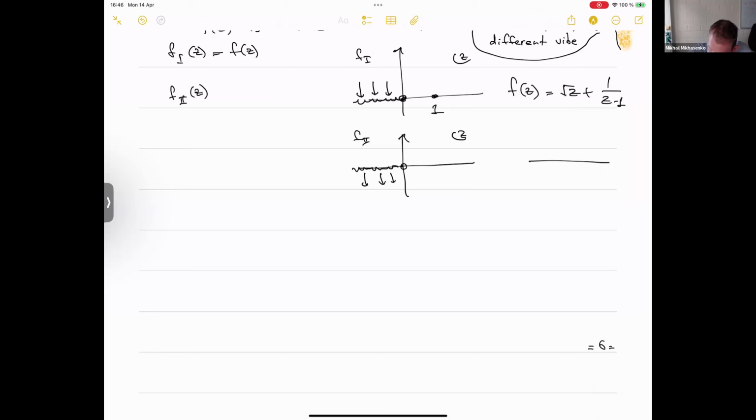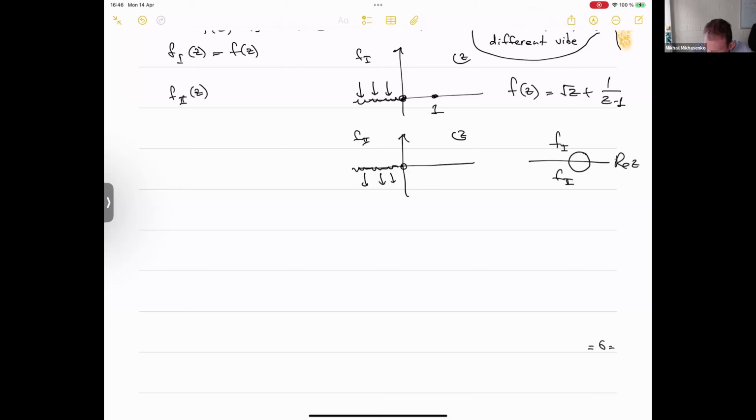Let's say this is our z axis, so real z, and this is our cut. If I plot f1 and f2 here, I can draw circles and integrate over them, and the integral will vanish.